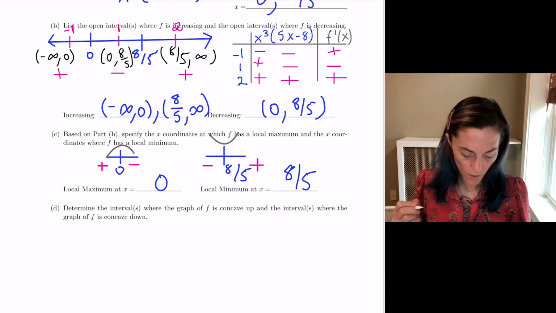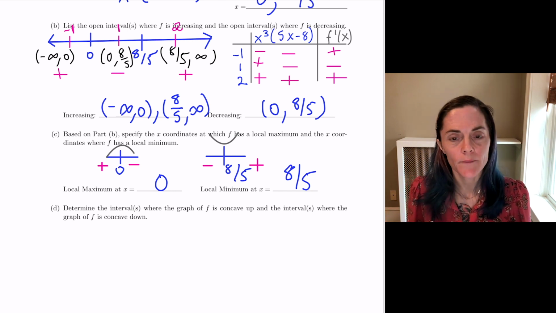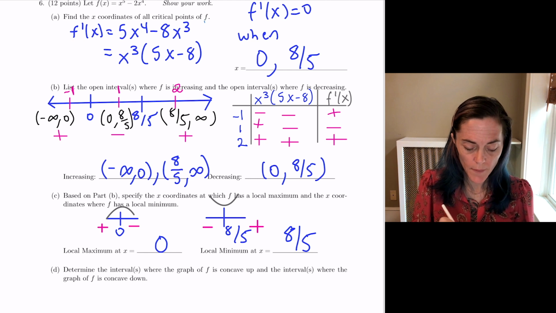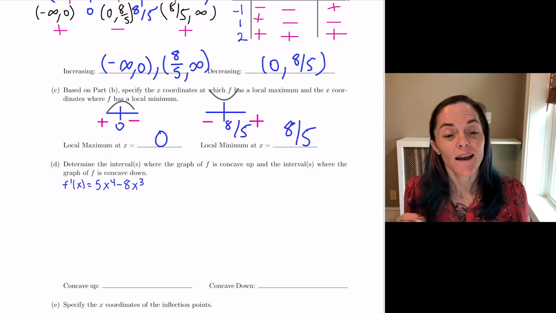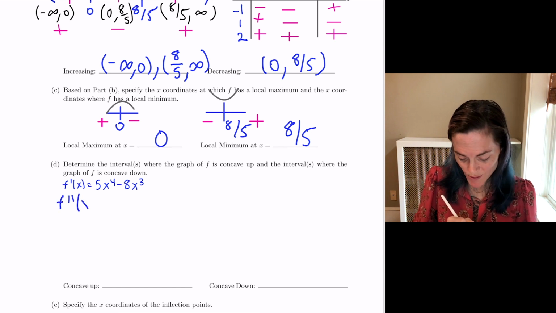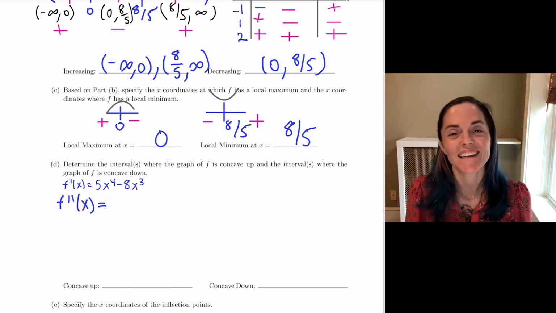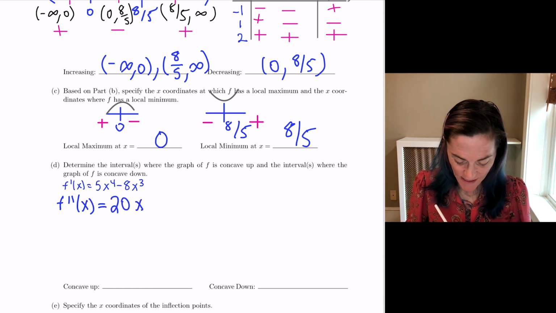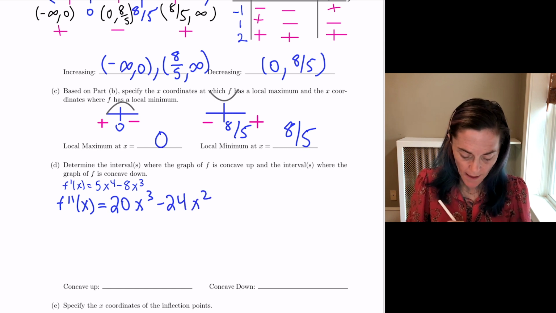Okay, next part, we want concavity. So my first derivative, maybe I'll just copy and paste this. All right, there's my first derivative. What I really need to use in D is the second derivative. So we have 20x cubed minus 24x squared.